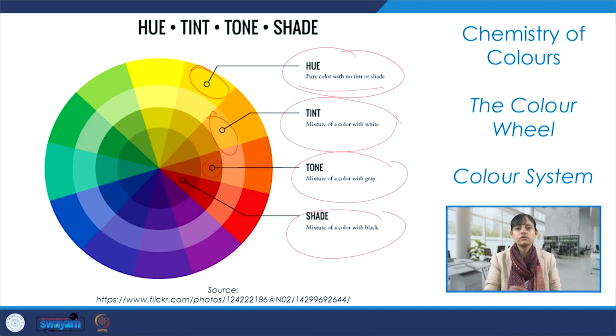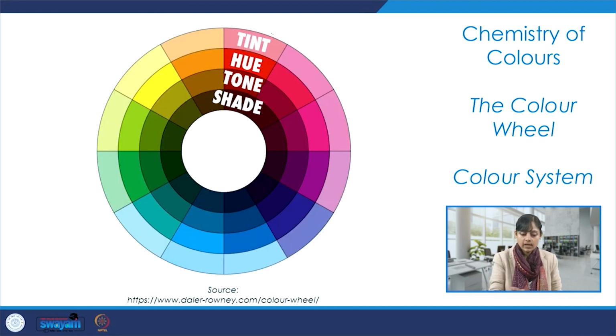So we have this whole range and plethora. And depending on what is the functionality and what is the interest and where we are using it, we could pick and choose and create our own customized color palettes for projects that we do. Again, tint, hue, tone, and shade.